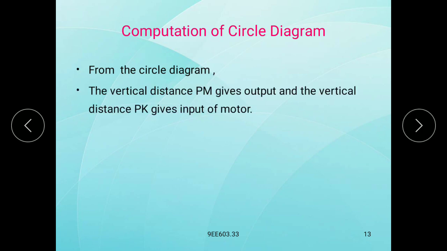From the circle diagram, the vertical distance PM gives the output, and the vertical distance PK gives the input of the motor.